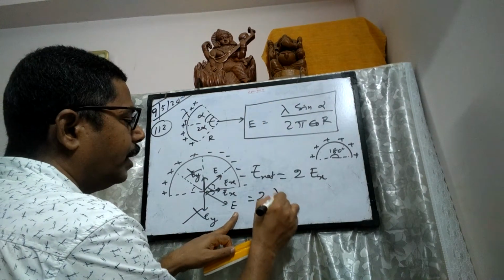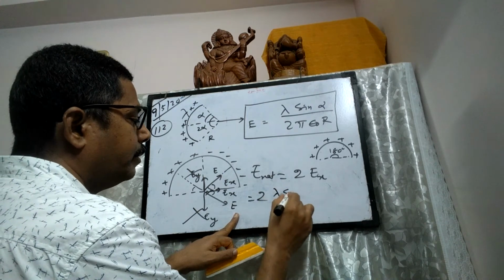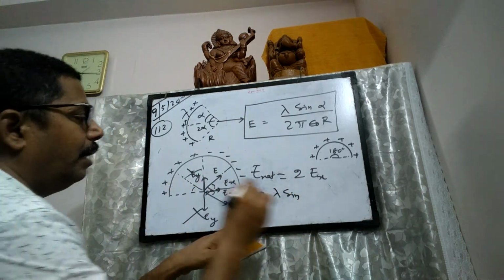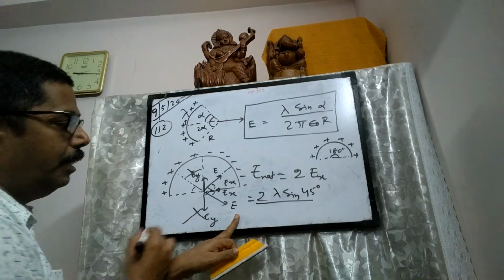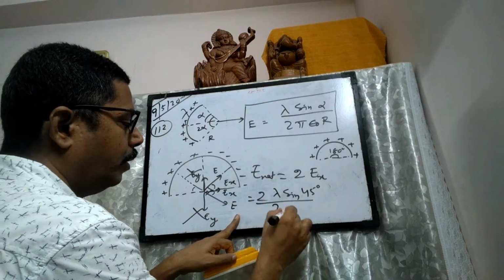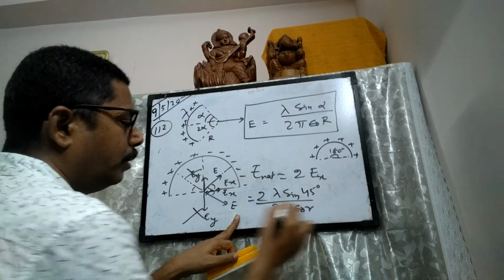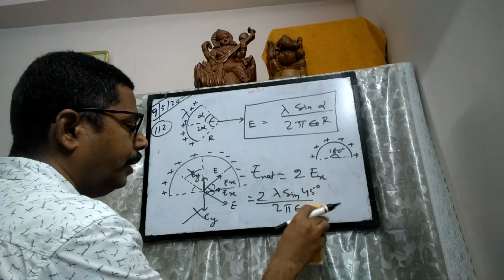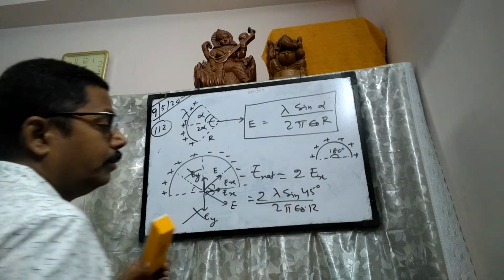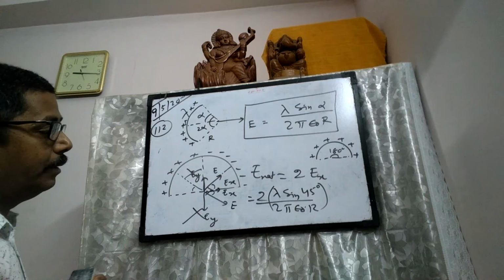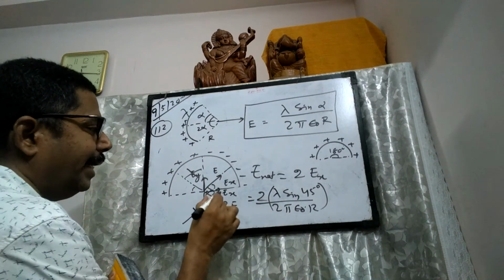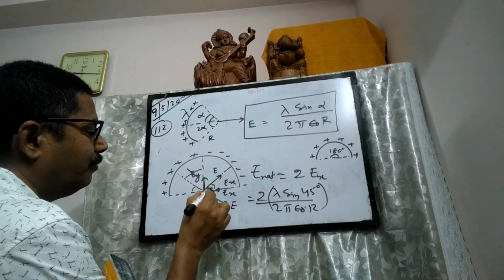First of all, what is E? According to this formula, we can write lambda sine alpha, alpha is 45, divided by 2 pi epsilon naught r, okay, into, now this is E. This quantity is E, but what we want is Ex and this angle is 45.